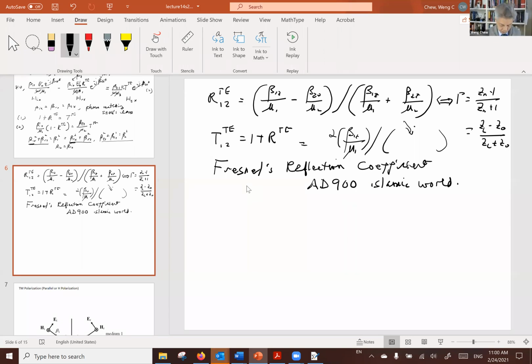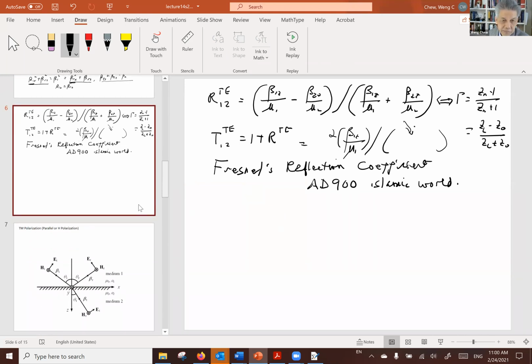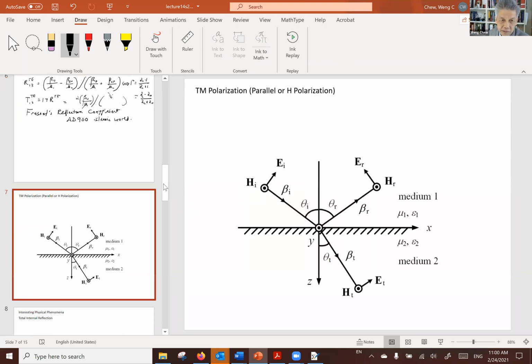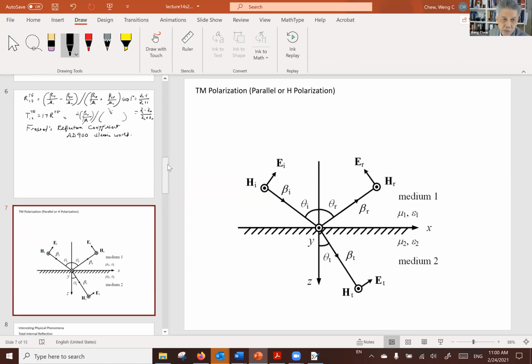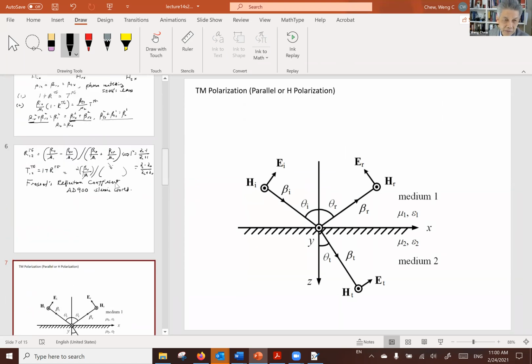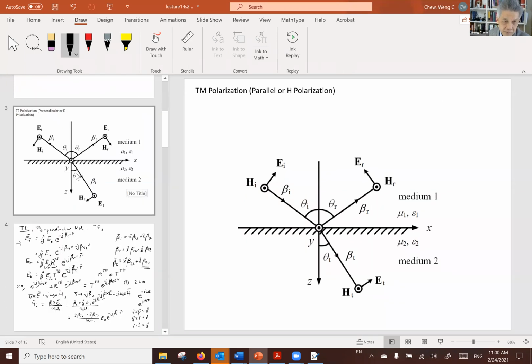Okay, so you can do this for TE polarization. You have all these things that are known to you, and then you can do the other polarization, which is TM. If I look at TM polarization, it is just the dual of the TE polarization, because if I replace E with H, which is minus E and so on, I get the second figure.